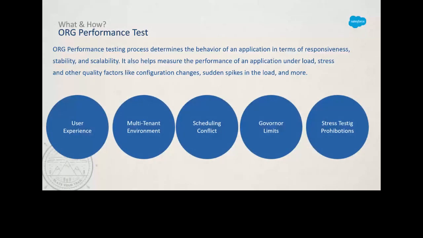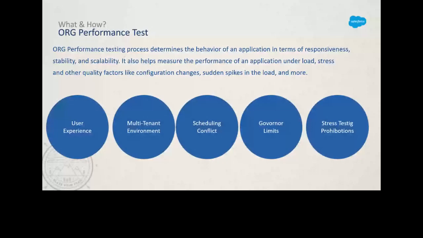So we do the performance test to understand how our org is running in terms of user experience, in terms of stability, and how scalable or how adaptive it is, both from a technological perspective and from a user adoption perspective.